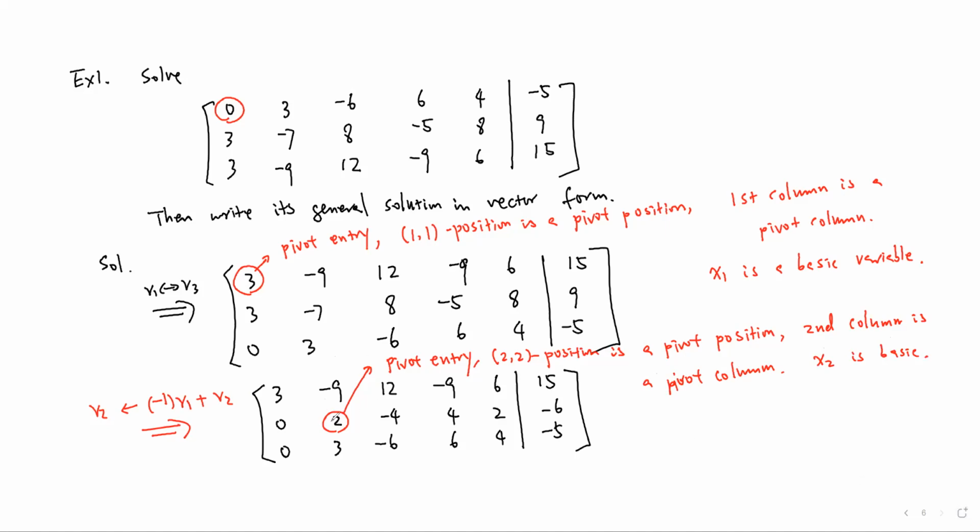Now I multiply row 2 by -3/2 and add the result to row 3. Then this number 3 is gone. -3/2 times row 2 plus row 3, put the result in row 3.